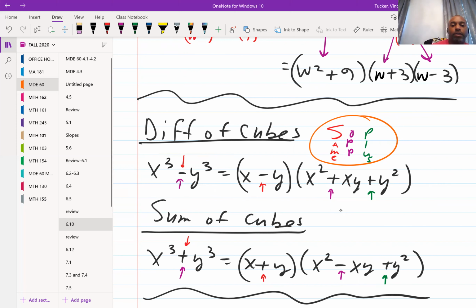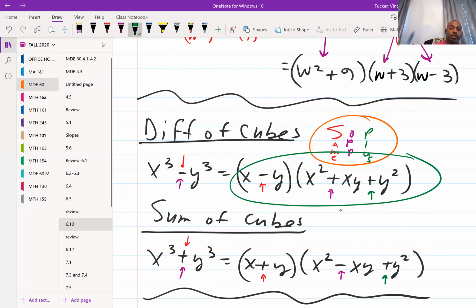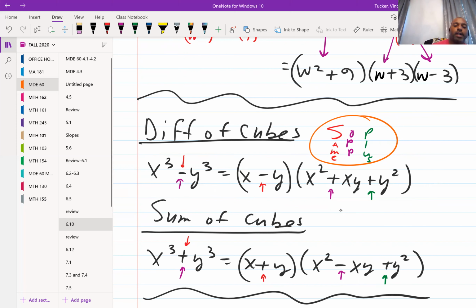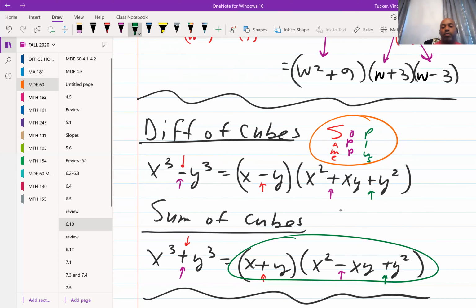If we have a difference of cubes, that should factor out to give us x minus y, x squared plus xy plus y squared. And looking at the sum of cubes, it's the same positioning of our letters, except our signs are going to be different. If I start off with x cubed plus y cubed, that's going to be x plus y, x squared minus xy plus y squared.